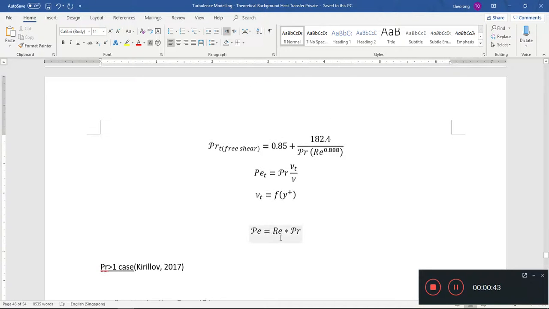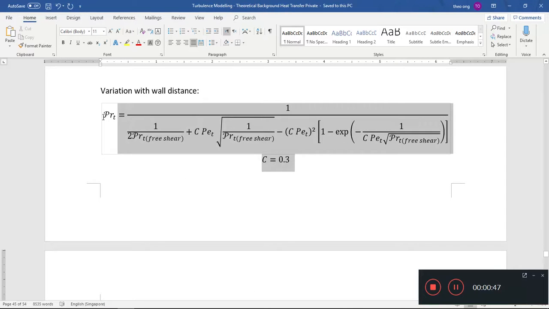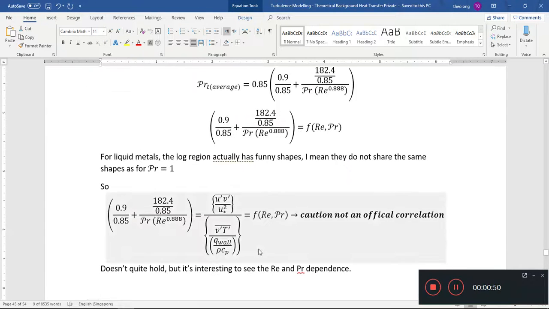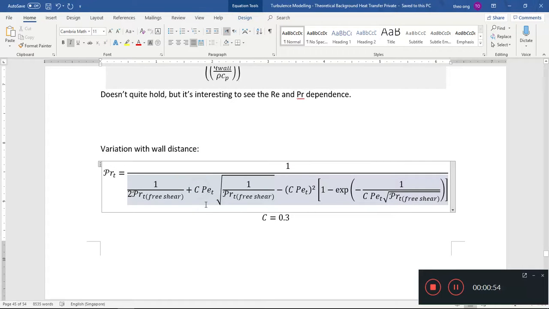What we did also before were the near wall models for Prandtl number for liquid metals, which evidently vary with distance from the wall, and also the Reynolds number. So the Reynolds number and distance from the wall inevitably affect this turbulent Prandtl number.